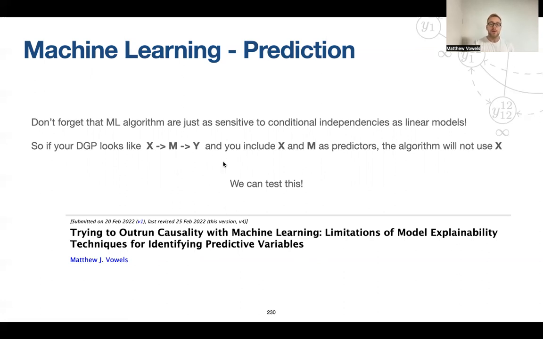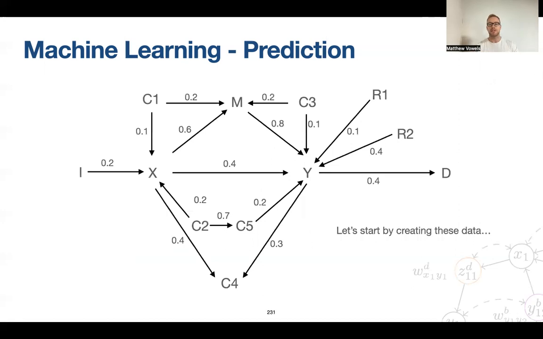And we can test this. We can use an example, and we're going to do this now, to see how much the machine learning model can tell us about the data. And the idea is that we're going to pretend we're at the early stages of research. We're confronted with some data, and we don't know what the theory is underlying those data. We're going to pretend we do know, for the sake of the example, the data are generated according to this graph here.